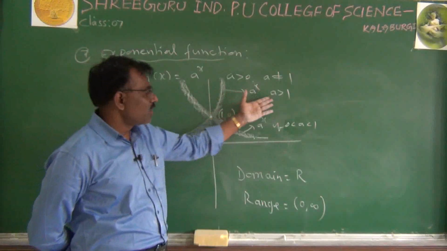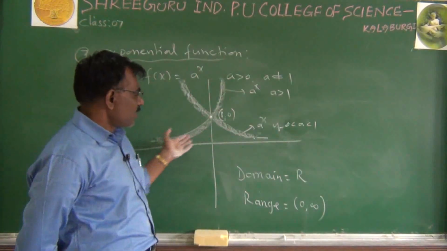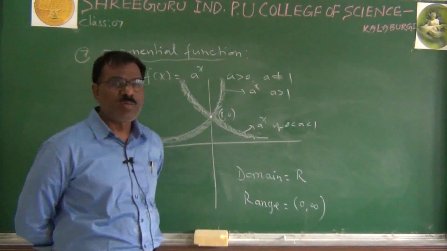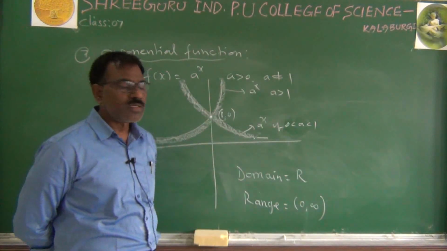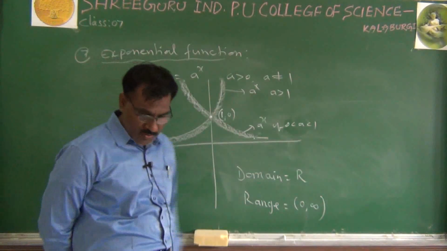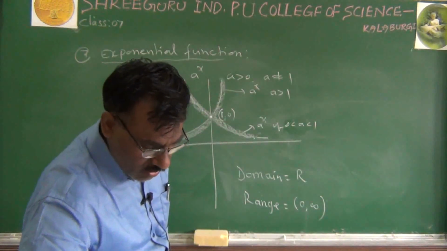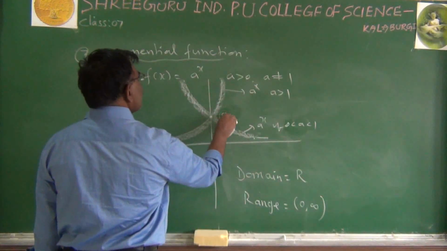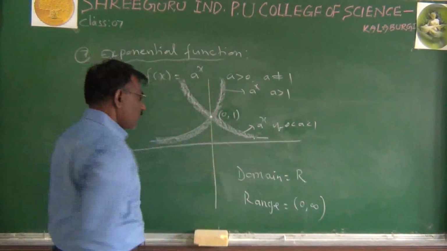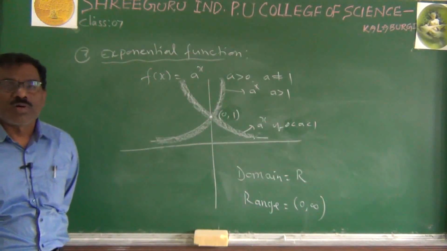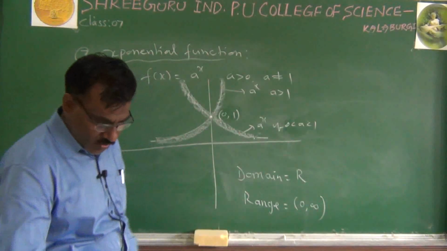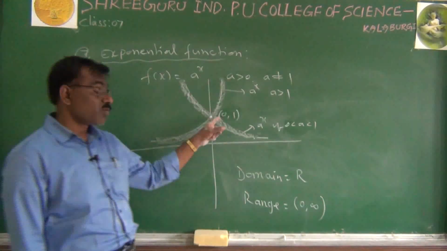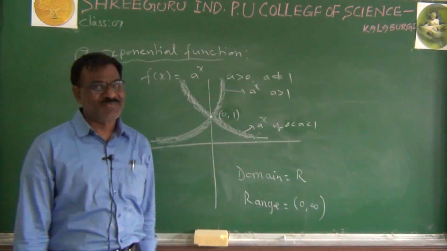Both graphs, a greater than 1 and a less than 1, intersect at the point where x is 0 and y is 1. Sorry, it is not 1 comma 0, it is 0 comma 1.